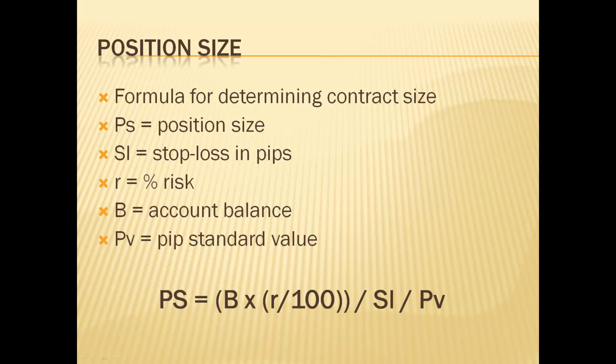Now, let us discuss position size. There are many formulas that you can use to determine your position size. I will share with you my formula that I use on a daily basis. The formula is very simple. First, I determine the risk I want to employ. Then, I determine how much that risk translates into dollars.